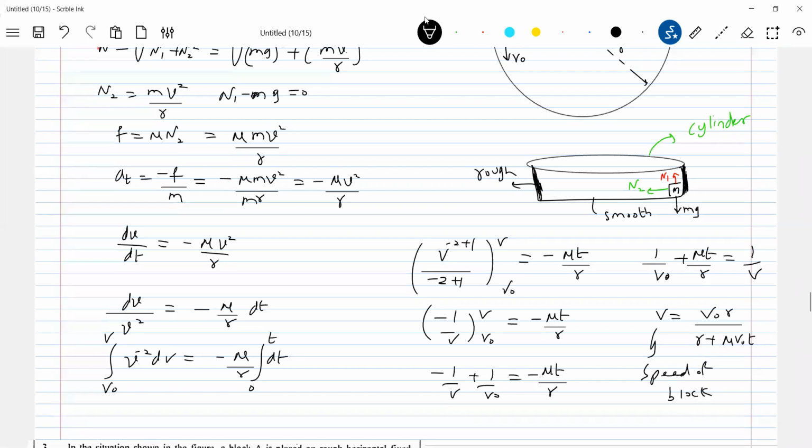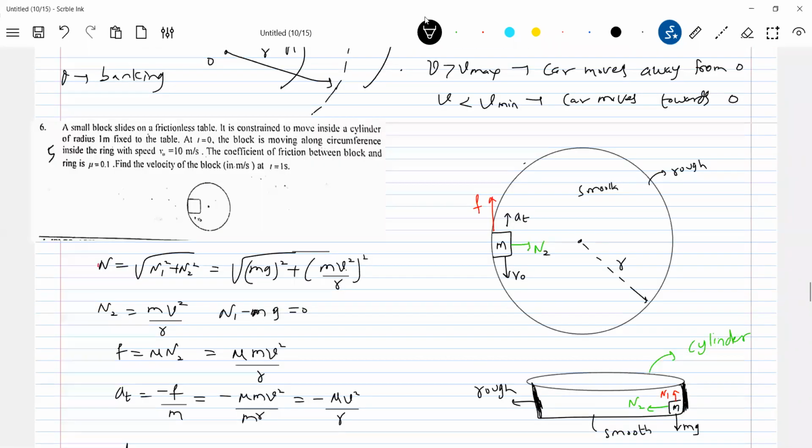I think there's nothing to do with circular motion, no? Some resultant of forces will provide the central force. It's all about again the basics, what we learned in laws of motion. You should be very clear about the diagram. You look at the question: a small block lies on a frictionless table, constrained to move inside a cylinder, and the coefficient of friction between the block and the ring is given. It is telling this is the ring or cylinder.